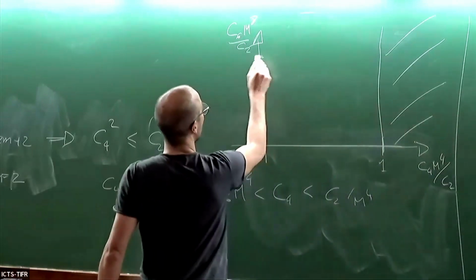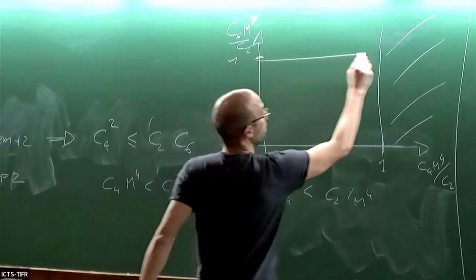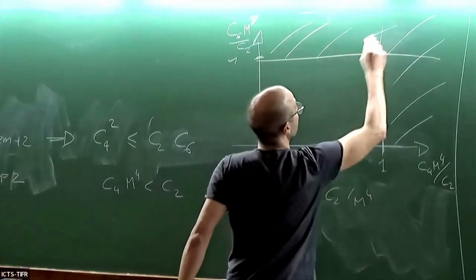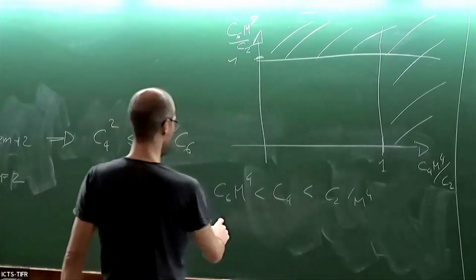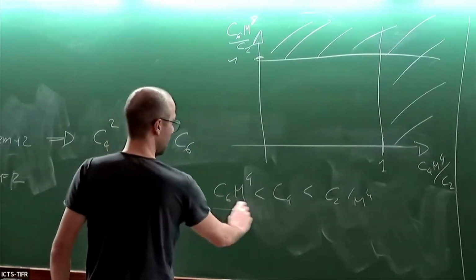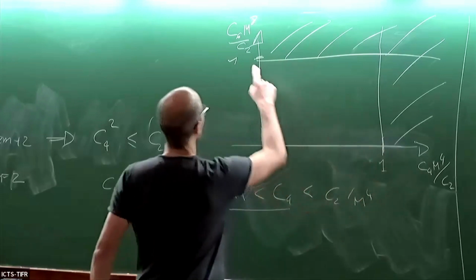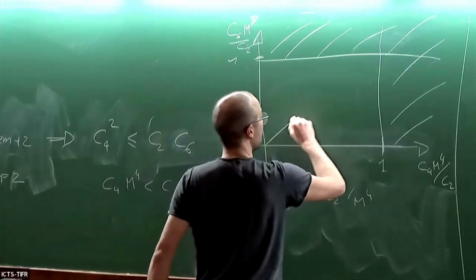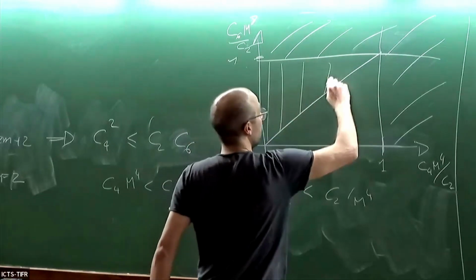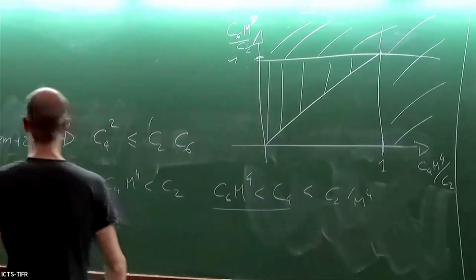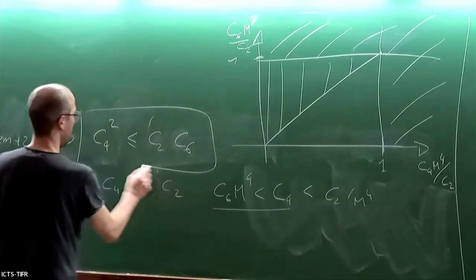Now there is this one also. You cannot exceed 1 here also. Then C6, this one in this plane, there's nothing saying that you cannot exceed this line. So you remove actually this part. Now there is the nonlinear constraint, this one. Right?